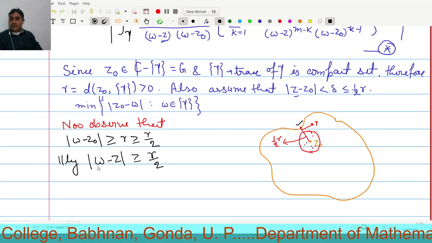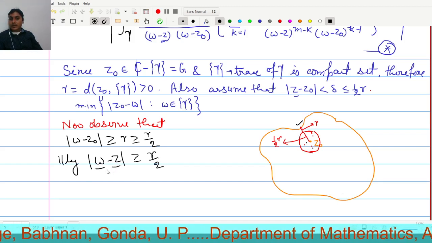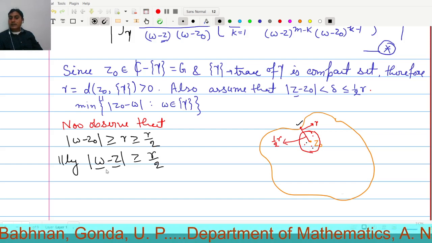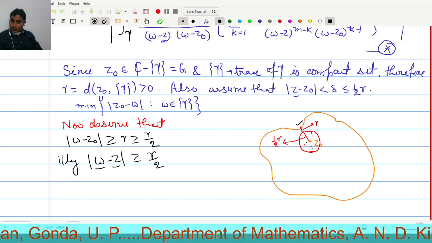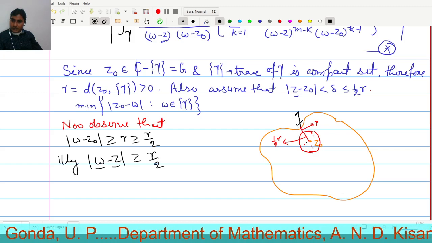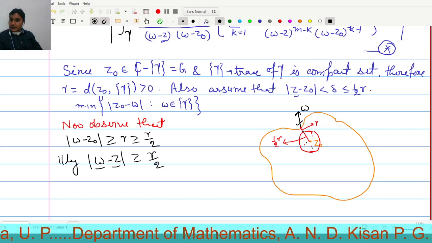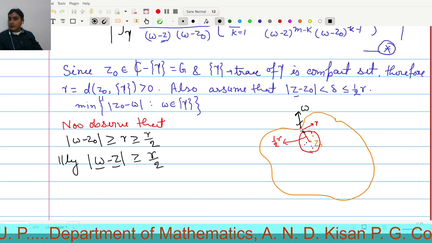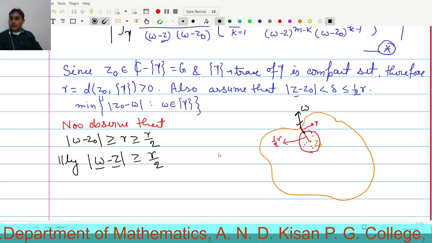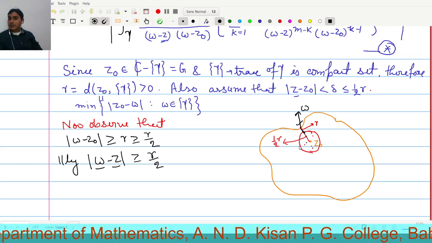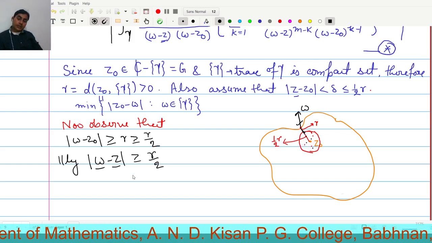So in each case, the difference between W and Z will be greater than R by 2, because W is varying throughout. The closest point will be if W is at this point, and this particular distance is R by 2. If Z is at this point, then it will be greater than R by 2. In other cases it will be greater than R by 2.